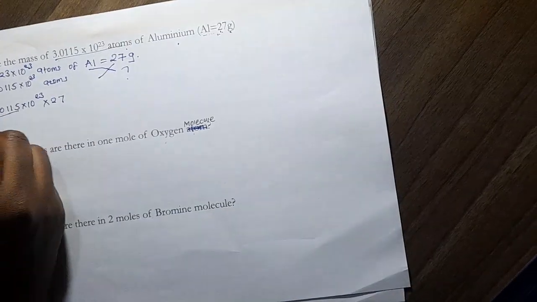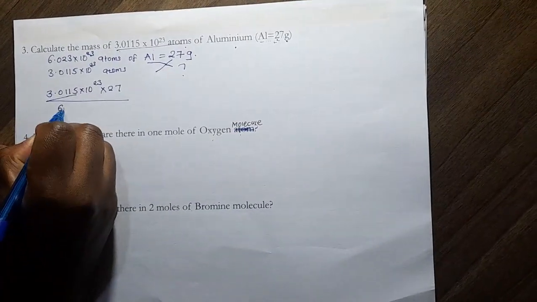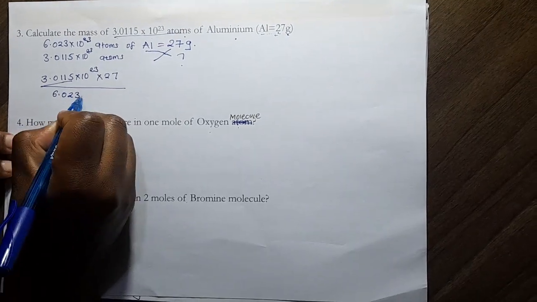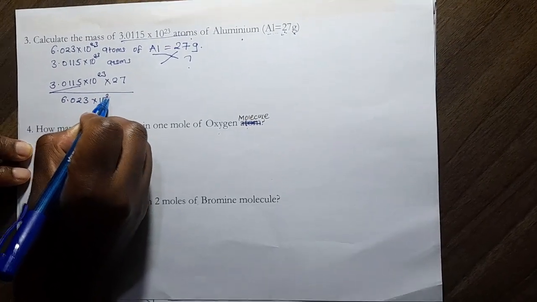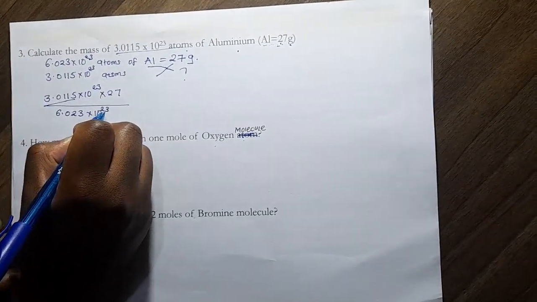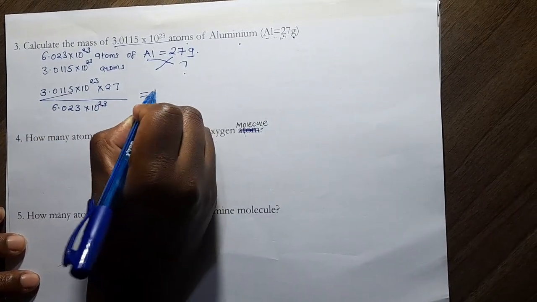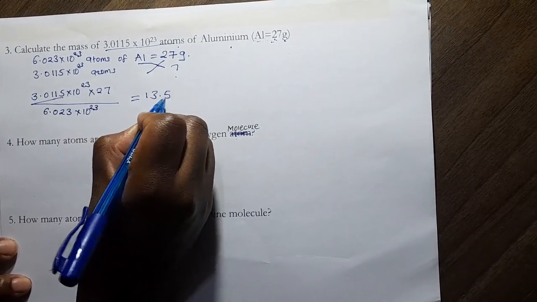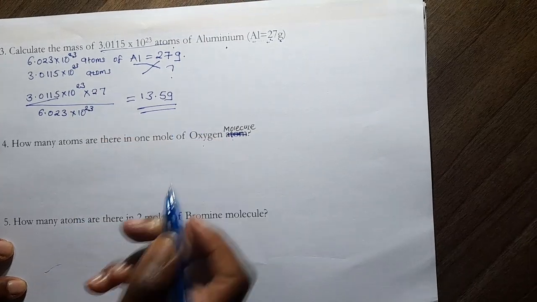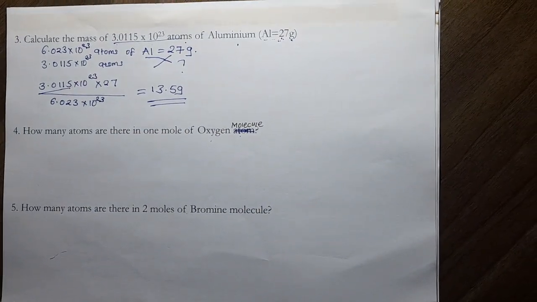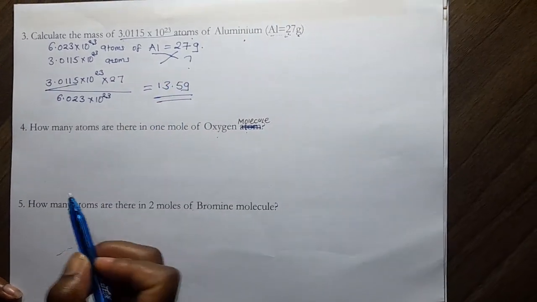Then this we divide by 6.023 times 10 raised to the power 23. So this gives us the mass as 13.5 grams. So that is how we calculate the mass given the number of atoms.